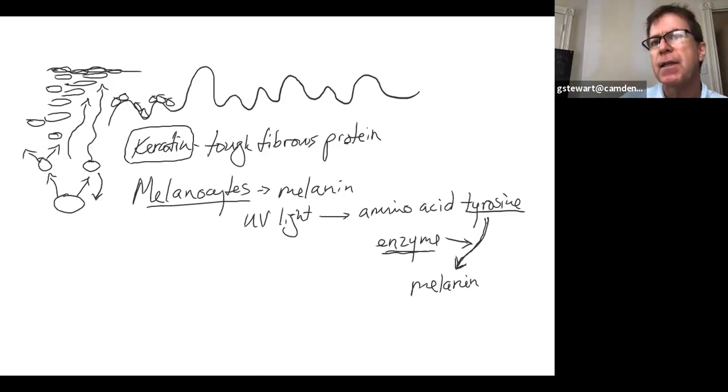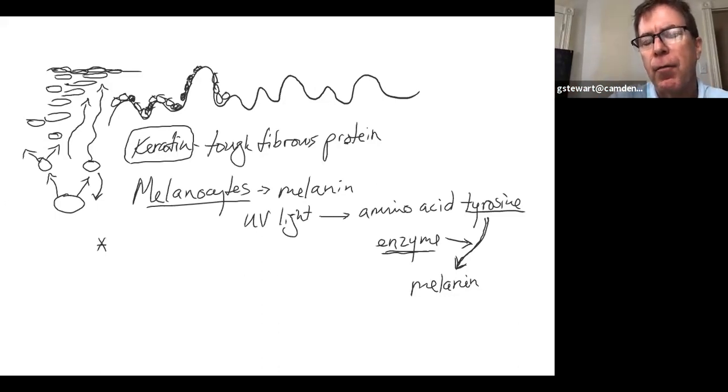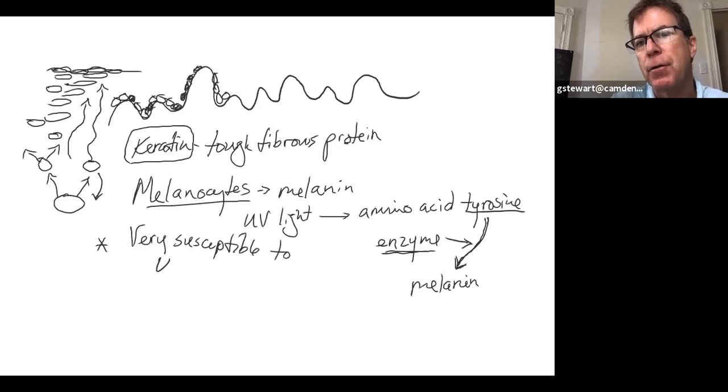So moving on to the next layer, we've talked about this base layer, the stratum basale, very thin, contains the keratinocyte basal stem cells, as well as melanocytes. We described how melanin protects the DNA in the nucleus of all cells around it. Melanocytes themselves are very susceptible to UV light damage.